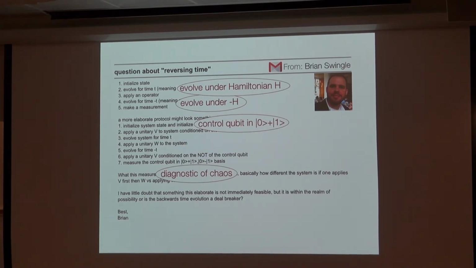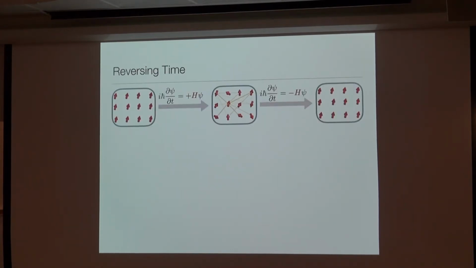Okay, so it turns out we had been thinking about time reversal in a very different context. One reason to think about this, what Brian had in mind, is a classic approach to diagnosing chaos, which has to do with perturbing a system and seeing whether you can bring it back to its initial state.